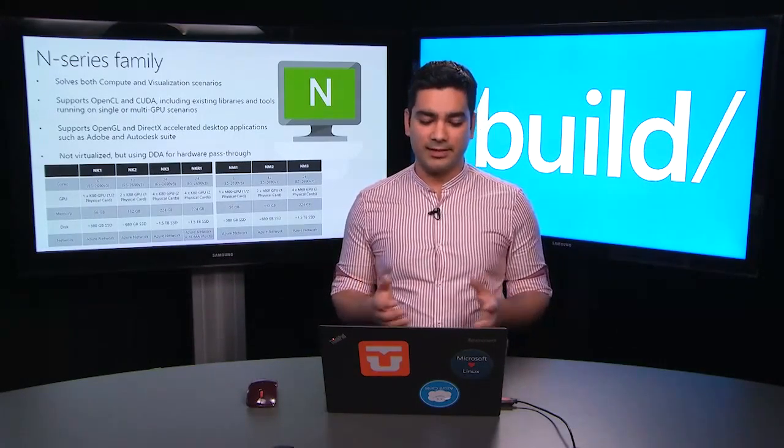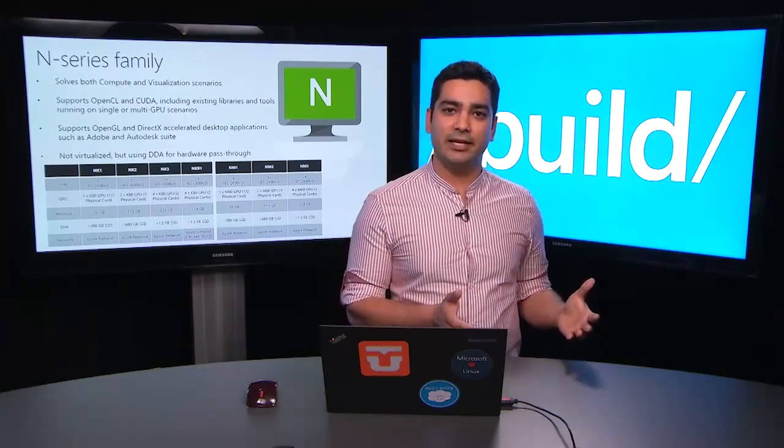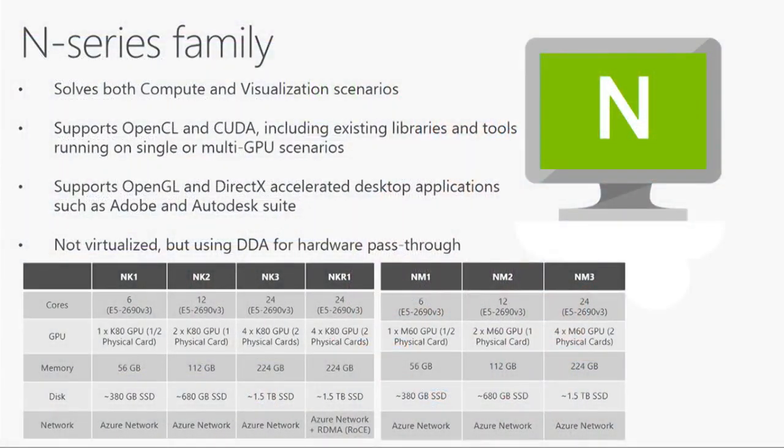So to go through the list, from a compute standpoint we will have the NVIDIA K80 GPU, which is sort of their best of the breed GPU for compute, for deep neural net and simulations, and then we will have the NVIDIA M60 for the virtualized visualization compute.